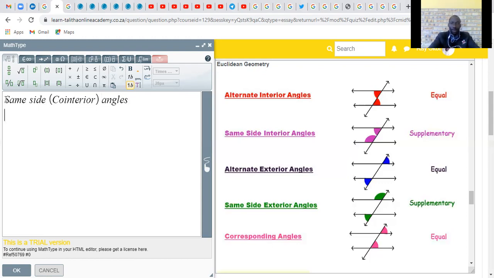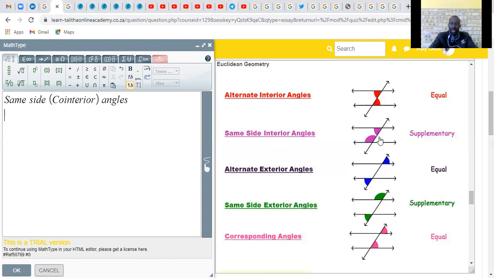How are we going to investigate this? Well, we first start with the basic definition of what these co-interior angles are. Notice that same side means on the same side. So when you look at these two, these are angles on the same side.